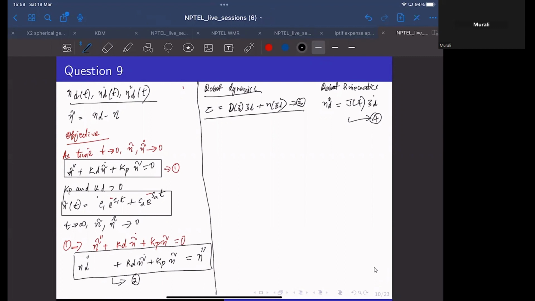Using the chain rule, eta double dot would be J dot of psi zeta plus J of psi zeta dot.